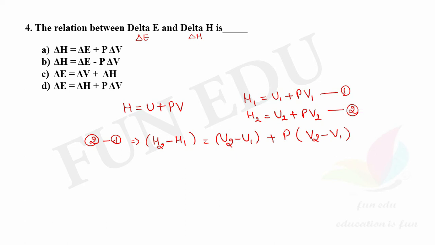H2 minus H1 is equal to U2 minus U1 plus P into V2 minus V1. Now what are these, H2 minus H1, U2 minus U1 and V2 minus V1? They represent the change. This represents change in enthalpy. This represents change in internal energy. And this represents change in volume. Correct?